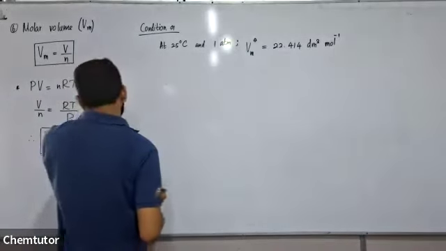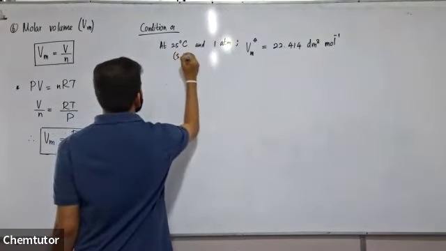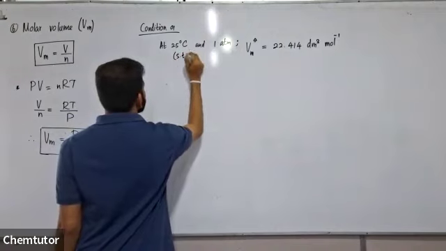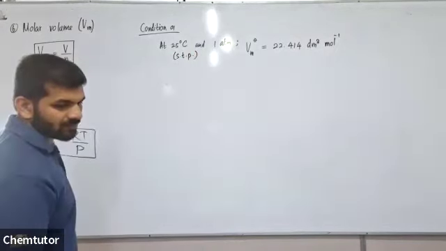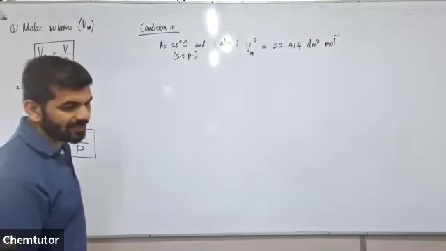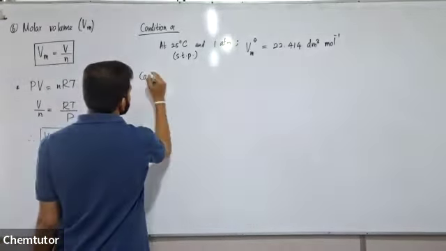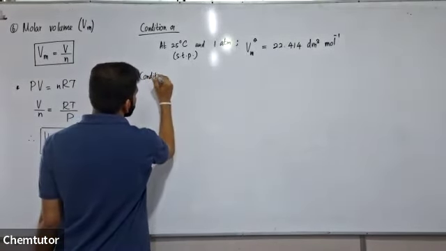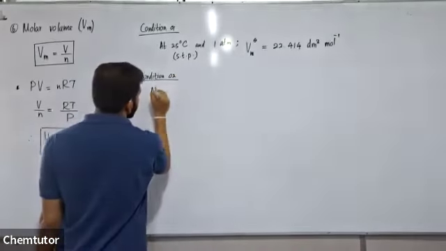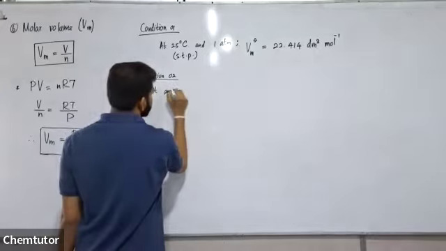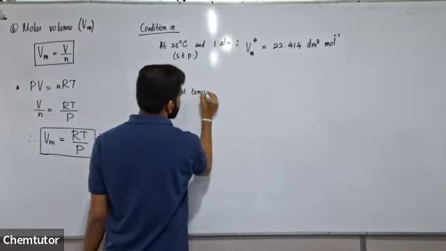So that is the standard temperature and pressure. We call this standard temperature and pressure. Then the other condition is at the ambient temperature and the standard pressure. Condition 2, at an ambient temperature of 25 degrees Celsius.